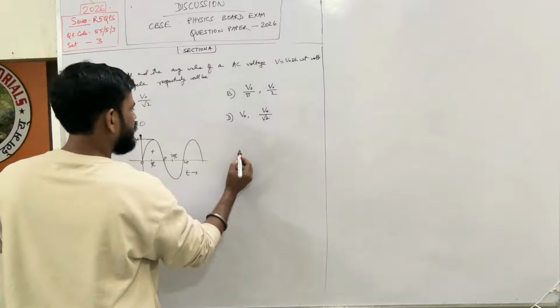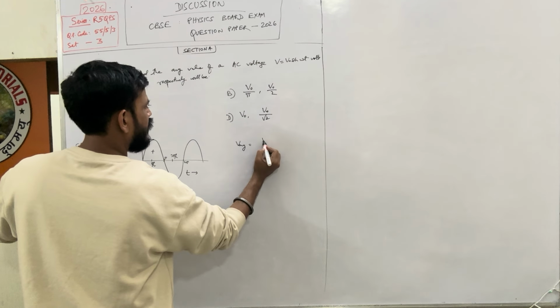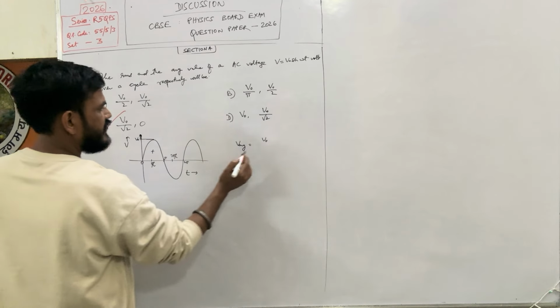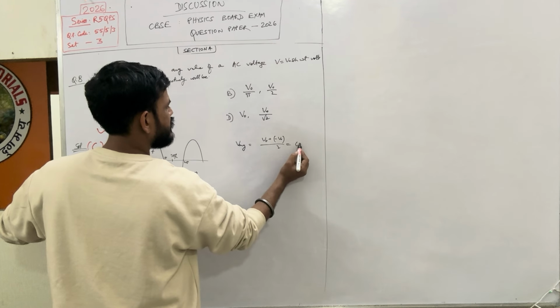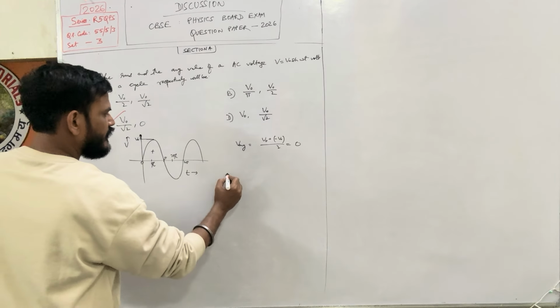You see clearly the average will be, V average will be, if you sum the positive cycle V plus and V minus, divided by 2, it comes out to be 0. Now let us find out RMS.